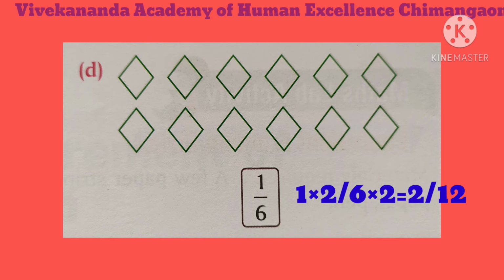If you count the quadrilaterals, total 12 quadrilaterals are given. So from that we have to shade 2 quadrilaterals. So now we shade here 2 quadrilaterals. So we get the equivalent fraction of 1 upon 6 as 2 upon 12.